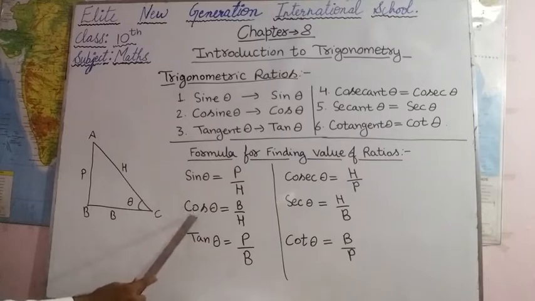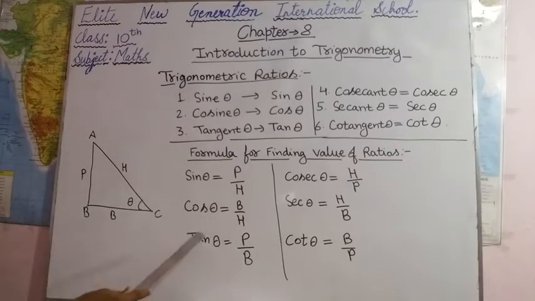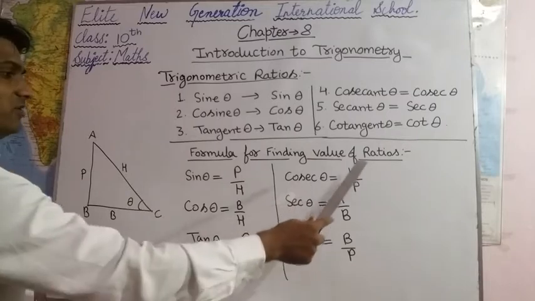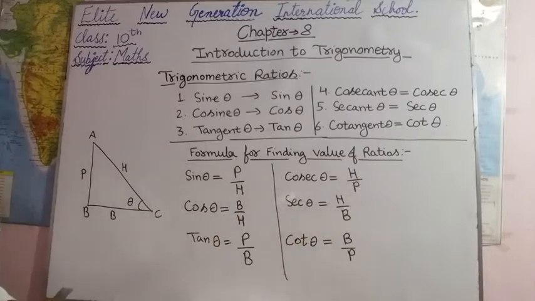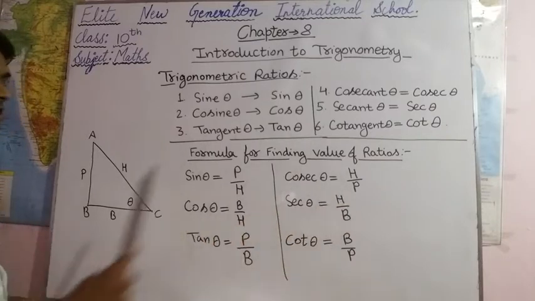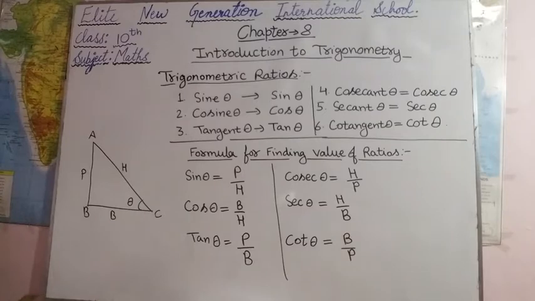For cos theta, it is base upon hypotenuse. For tan theta, it is perpendicular upon base, and for cosec theta, it is hypotenuse upon perpendicular. Sec theta, its formula is hypotenuse upon base, and for cot theta it is base upon perpendicular.